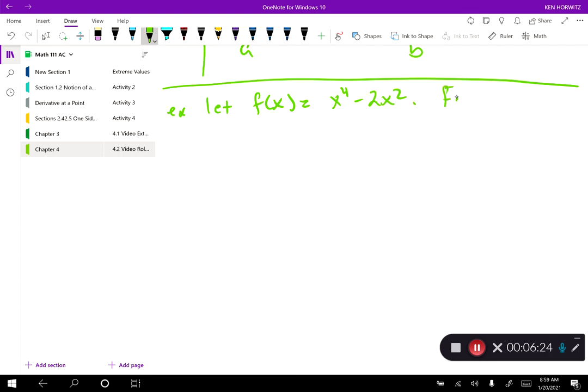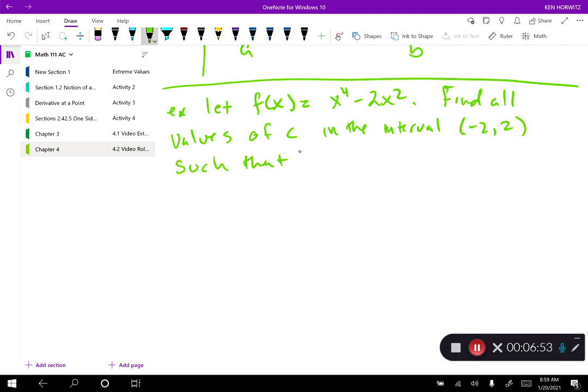We're going to find all values of c in the interval [-2, 2] such that f'(c) equals 0.